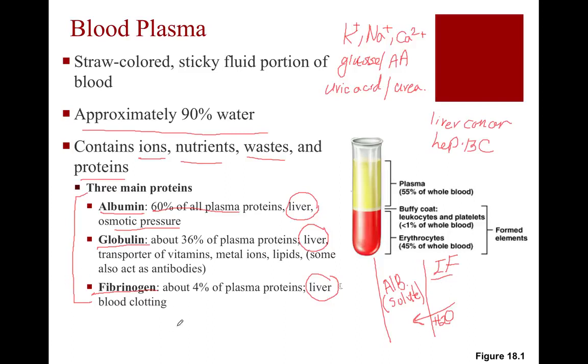Now let's assume that you have some sort of liver disease. Then your solute, which again is represented as albumin, will decline in concentration. So instead of water staying inside your blood vessel, fluid is going to leak out into your interstitial fluid.